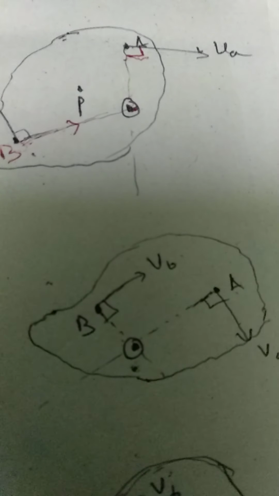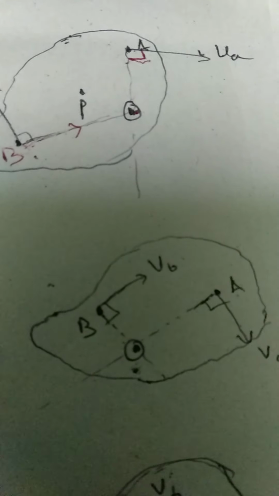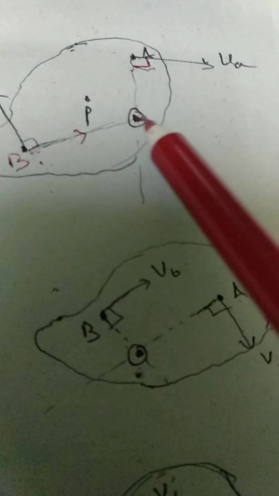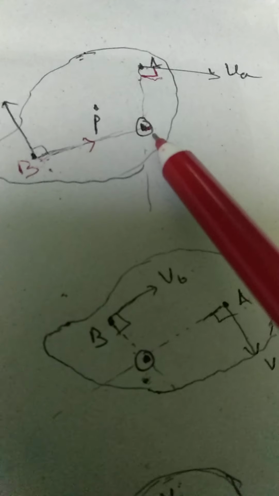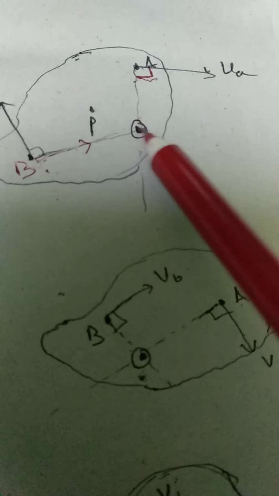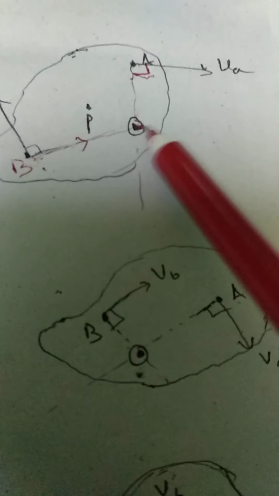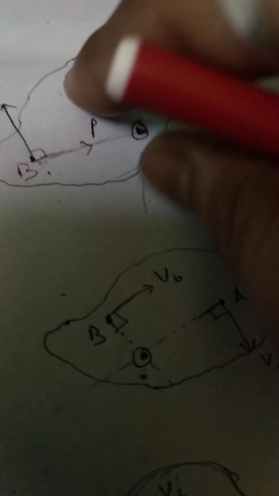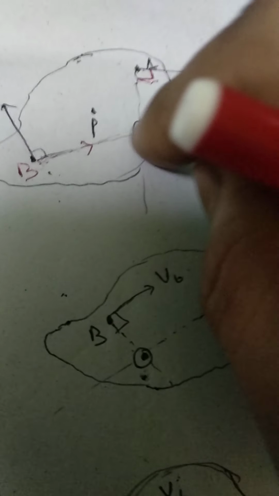So these two perpendiculars meet at this point. So this body will try to rotate with respect to this point, this meeting point of the perpendiculars, at this particular instant, in this manner about this point.